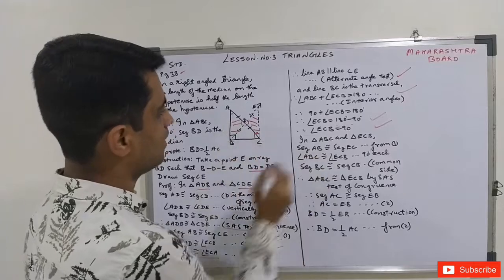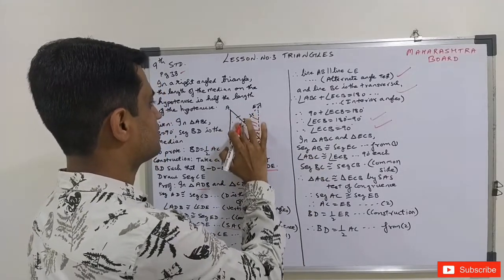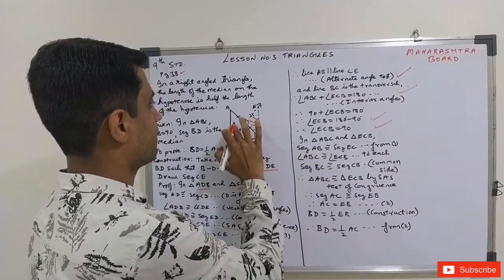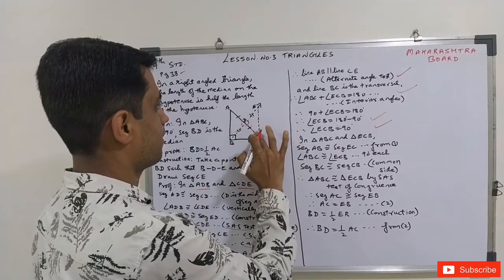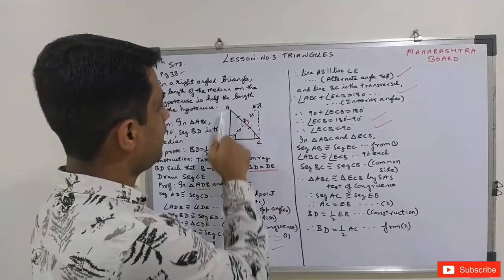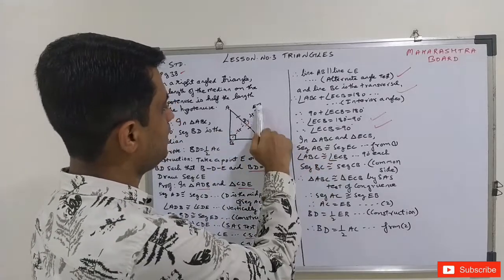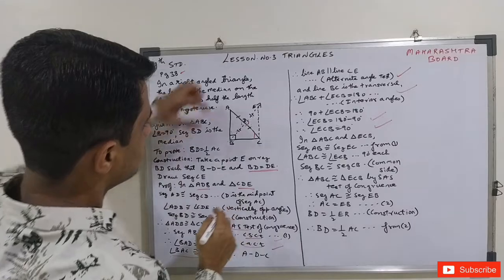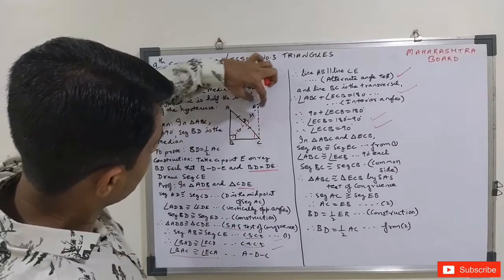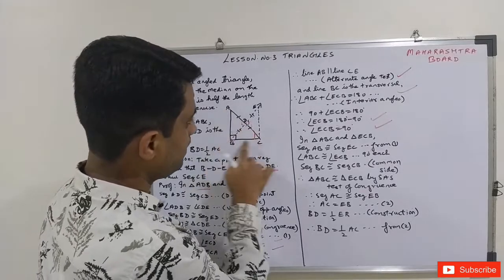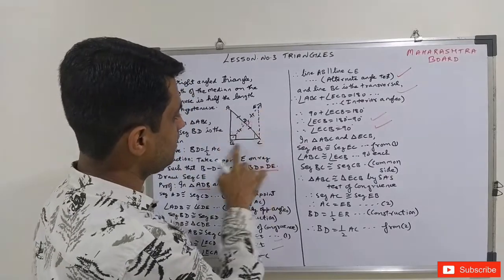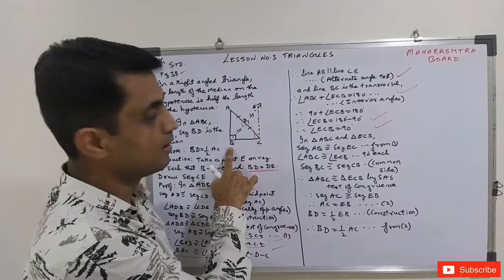Now, you take these two triangles, ABC and ECB. These two triangles you will take.